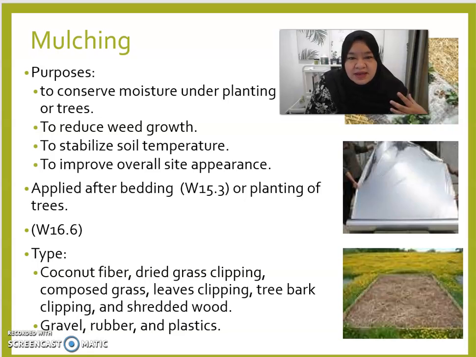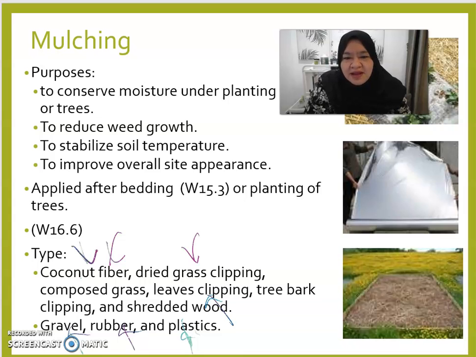Okay, normally mulching we can use coconut fiber, dried grass clipping, compost grass, leaves clipping, tree barks clipping, shredded wood, gravel, rubber and plastic. But normally in Malaysia, we use this coconut fiber, also this gravel, and also the shredded wood.